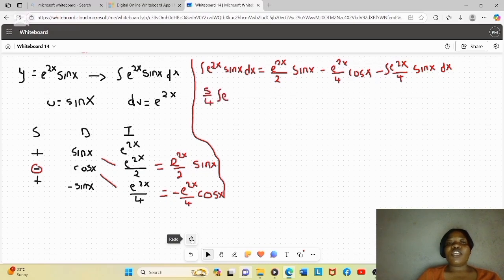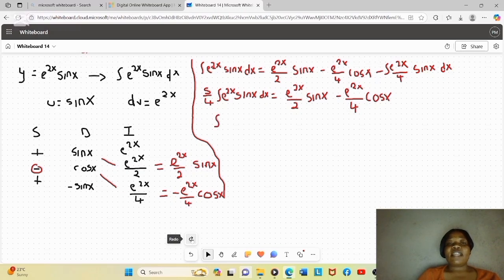The integral of e to the power 2x sine x dx equals e to the power 2x over 2 times sine x minus e to the power 2x over 4 times cos x. We multiply both sides by the reciprocal of 5 over 4.